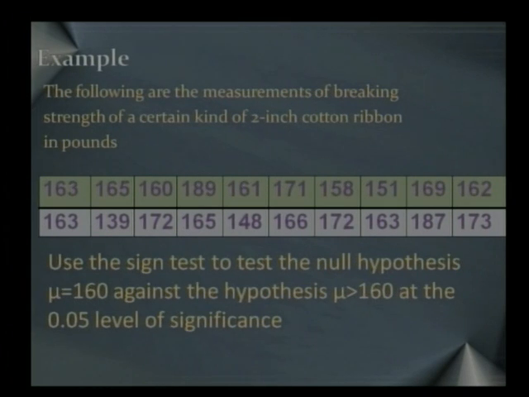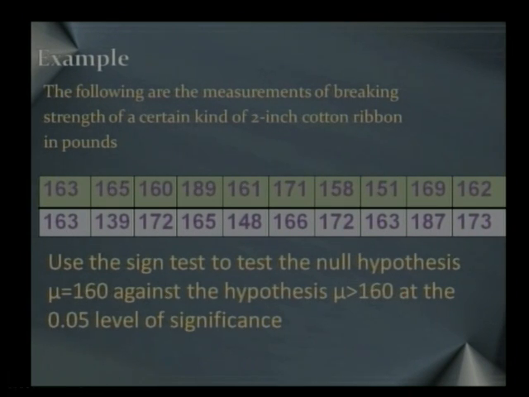The example is: the following are the measurements of the breaking strength of a certain kind of cotton ribbon in pounds. The data is given on the screen: 163, 165, 160, etc., 163, 187, 173.